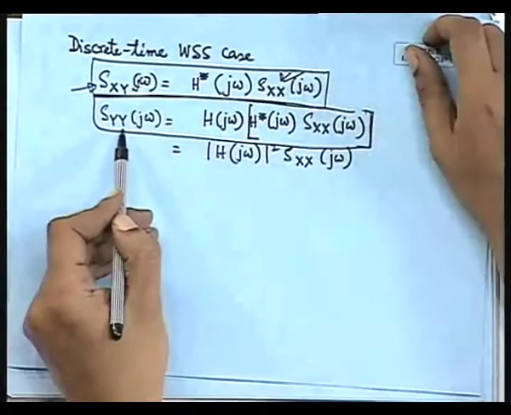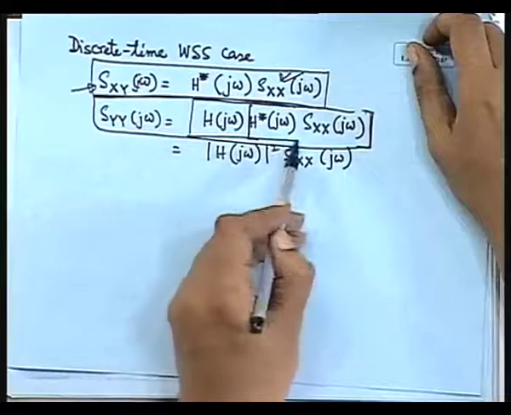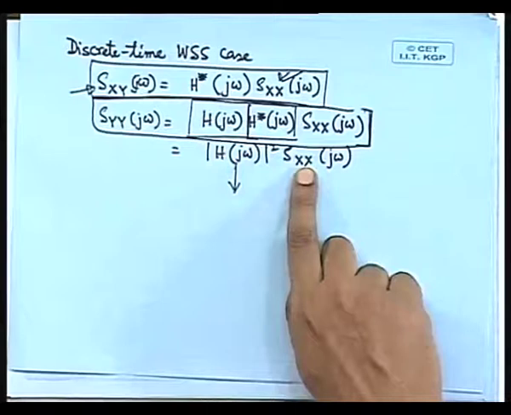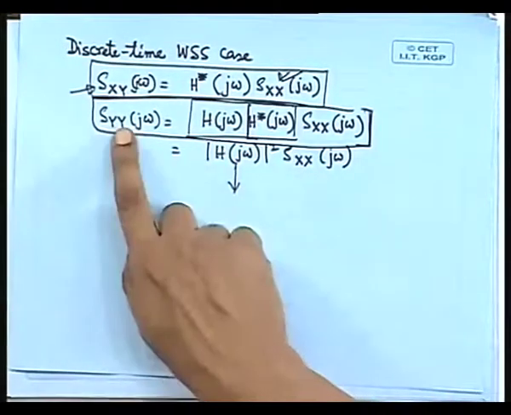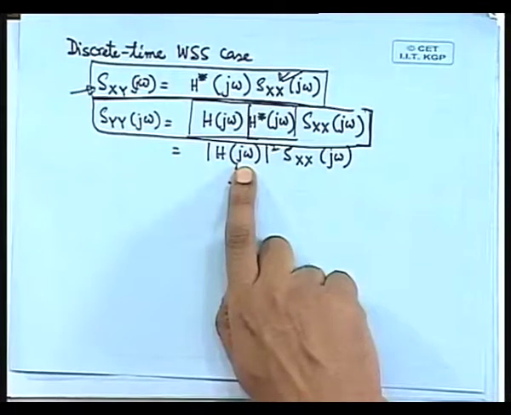So finally, if you multiply these two together, you get magnitude of h(jω) squared. So now you have established a relationship that the power spectrum of the input and the power spectrum of the output are related by this quantity, the magnitude of the h(jω) function whole squared, and this makes sense.